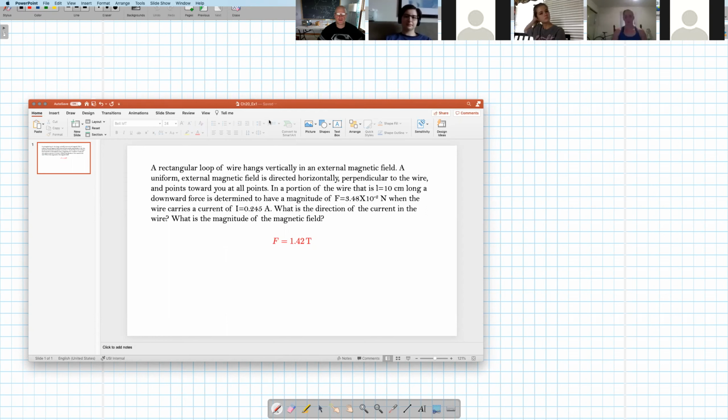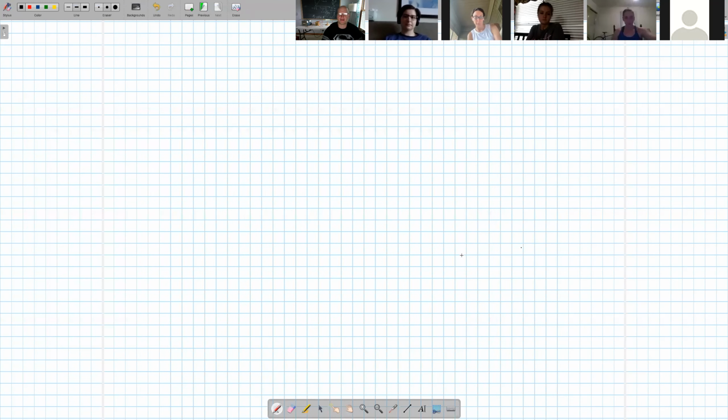So then it says a portion of the wire, capital L, equal to 10 centimeters long. A downward force is determined to have a magnitude of 3.48 times 10 to the minus 2 newtons when the wire is carrying a 0.245 amp current. So it wants to know what is the direction at which the current is running through the wire, and then what is the magnitude of that magnetic field.